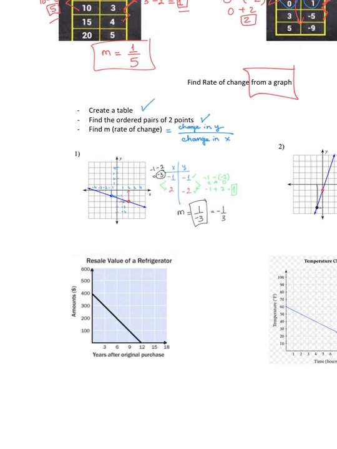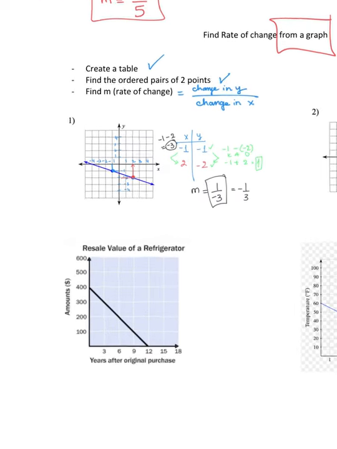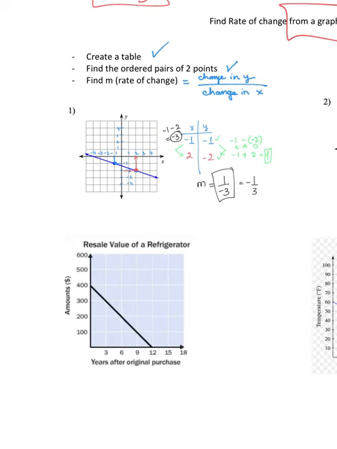Number year after our original purchase. So this graph is telling me the resale value of refrigerators. So 3 years, 6 years, 9 years, and 12 years, the amount will be different.